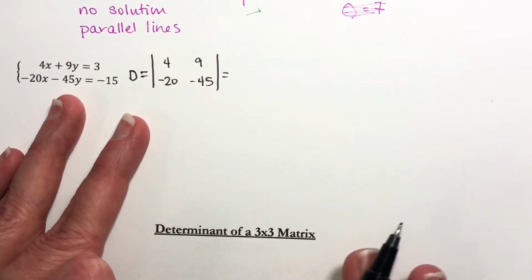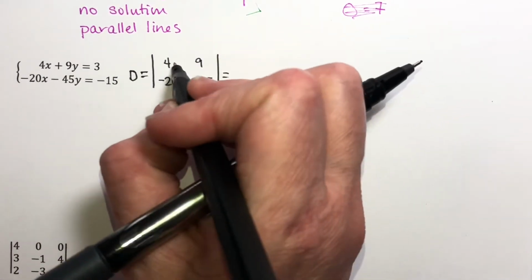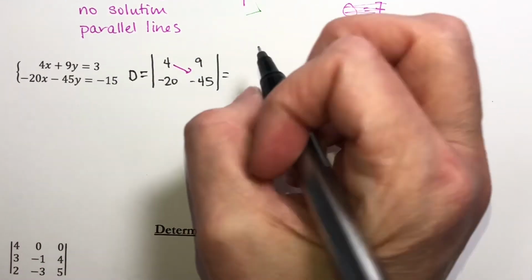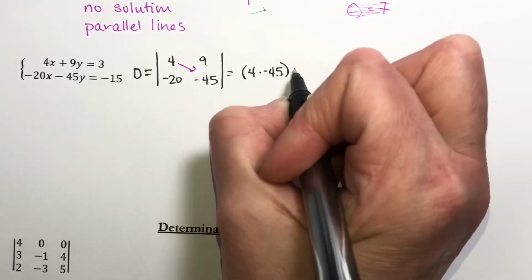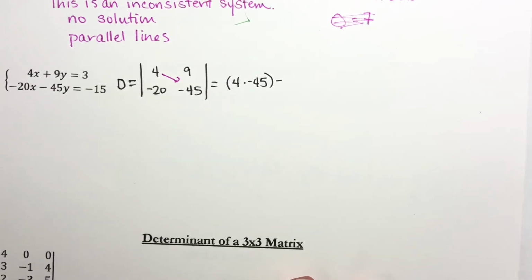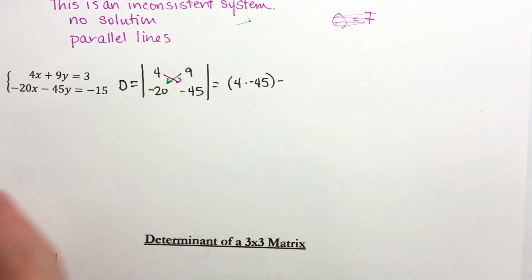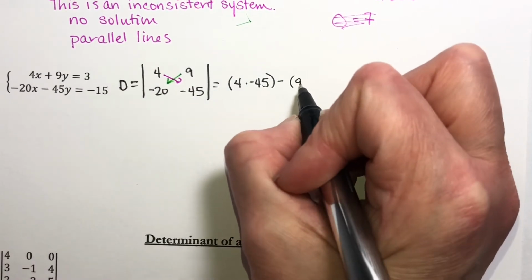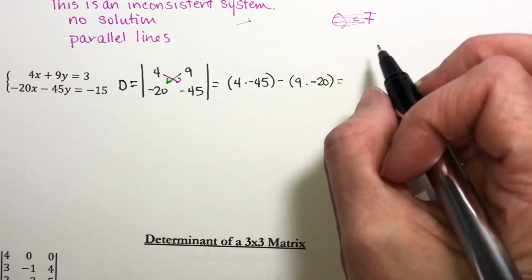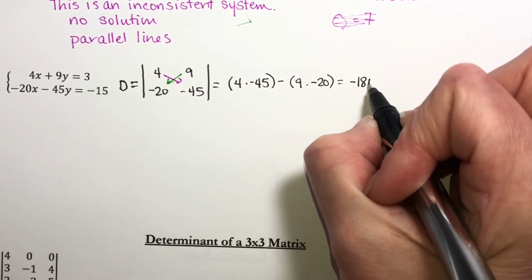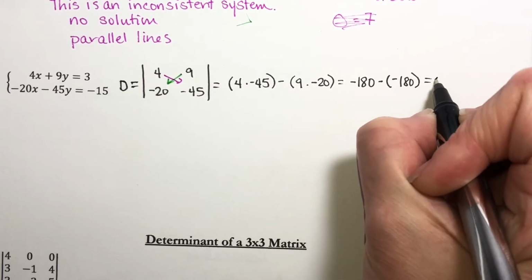Okay. So we need to multiply 4 times negative 45 minus 9 times negative 20. Okay. This gives me negative 180 minus a negative 180, which is 0.